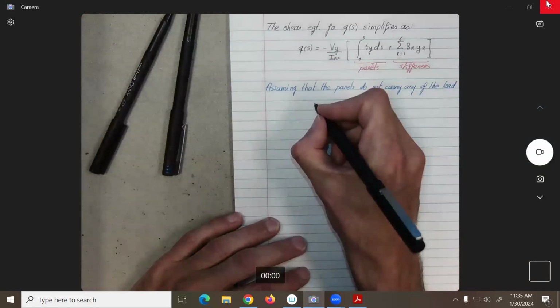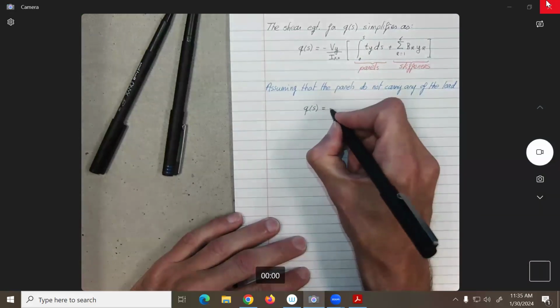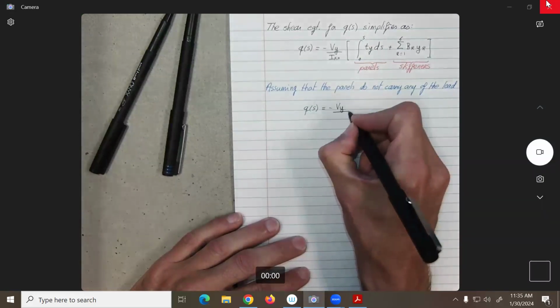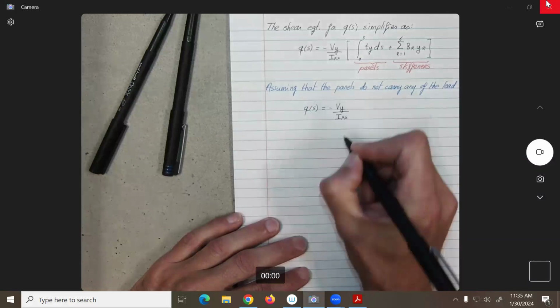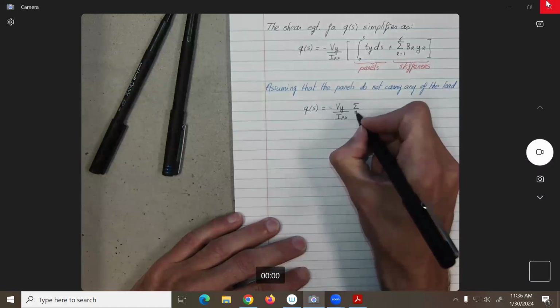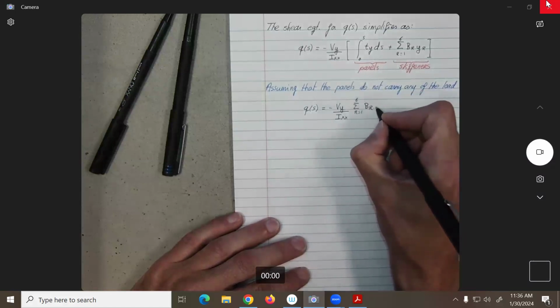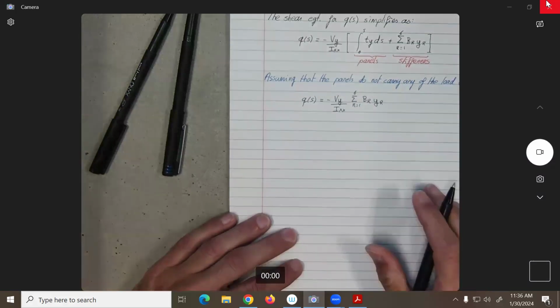So in that case, our shear equation simplifies to minus dy over Ixx, times the summation from r equals 1 to 6 of B sub r times y sub r.